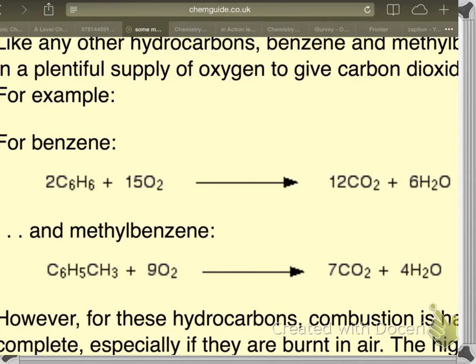So in theory we should end up with carbon dioxide and water. However, in practice, because we need a huge excess of oxygen, the majority of the oxygen is used up by the hydrogens in the hydrocarbon, meaning that we actually produce quite a lot of carbon and carbon monoxide, and we get quite a lot of incomplete combustion, which is why we end up with a smoky flame.